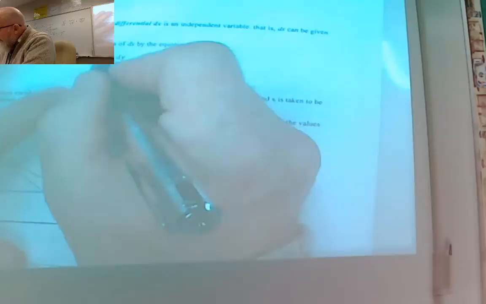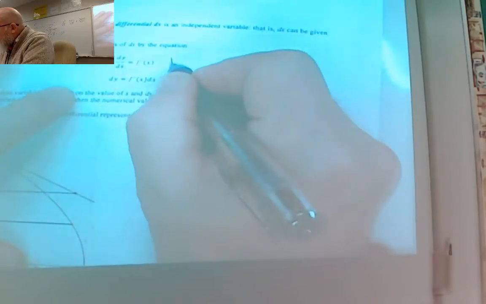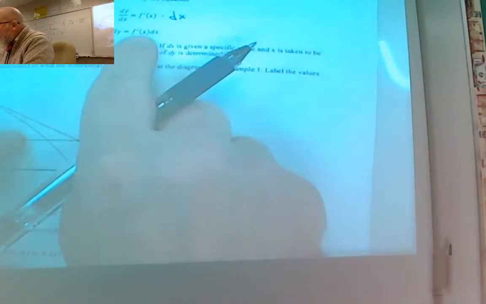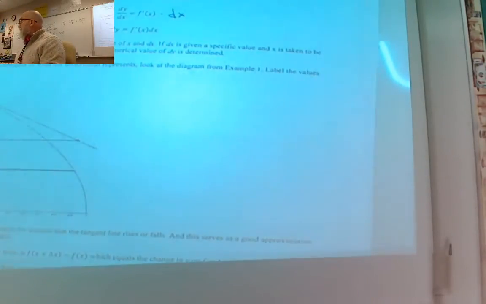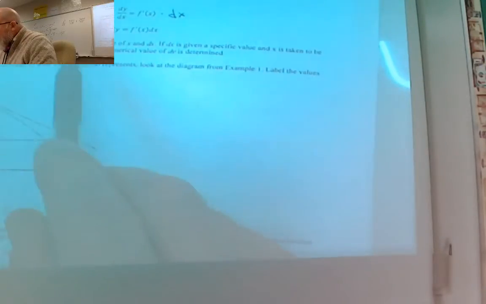So if I multiply this side by dx, and I multiply this by dx, isn't what I input into f prime and dx my independent variables? And they make dy in that equation. So dy is a dependent variable.